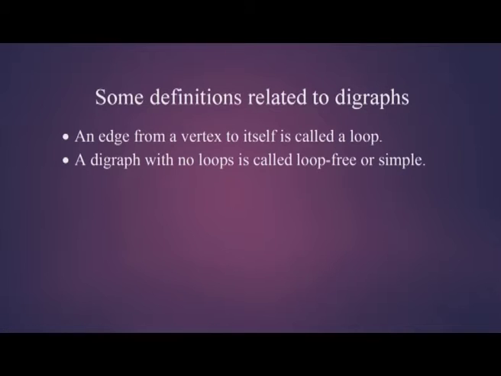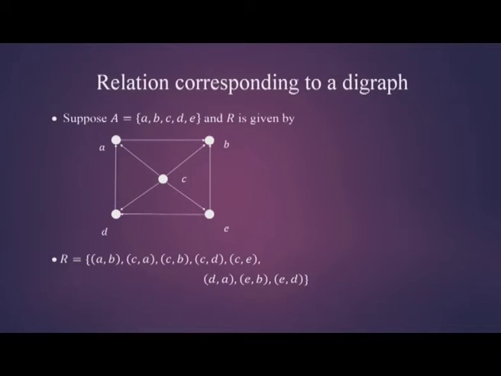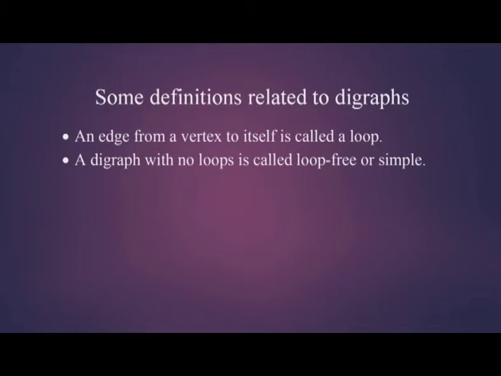So, we will see examples of loops. A digraph with no loops is called a loop free digraph or a simple digraph. Next we will try to write down some relations from a graph.